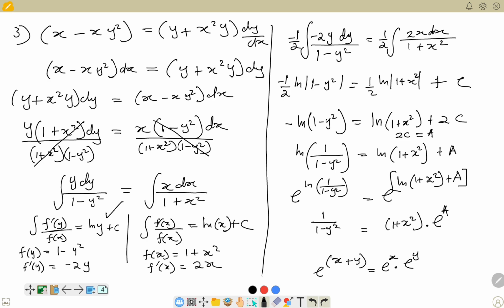Same base, we add the exponents. So the one that was raised to the ln will be dropped there. We drop what's inside the ln and the ln will be gone. And then the a, we can leave it as it is. So let me remove this for now.